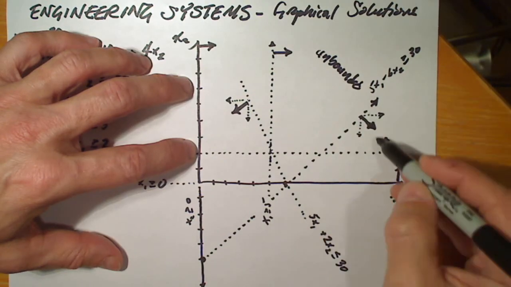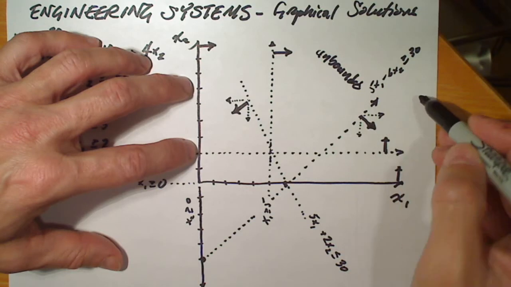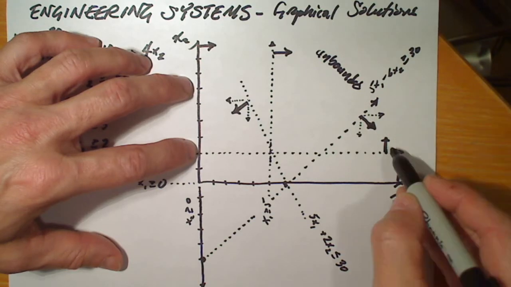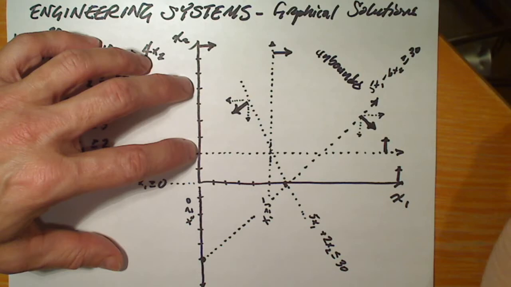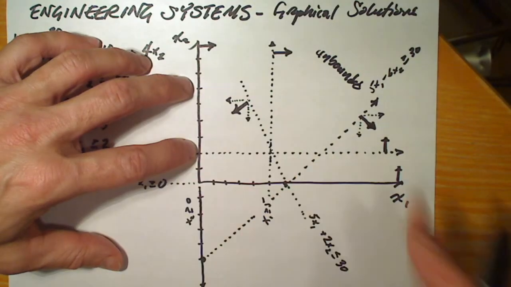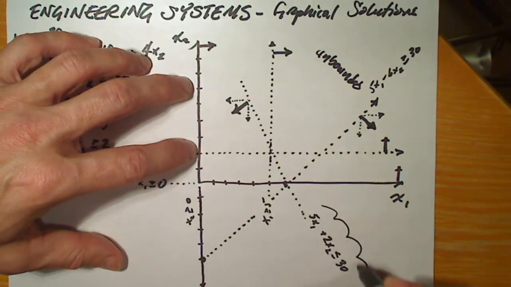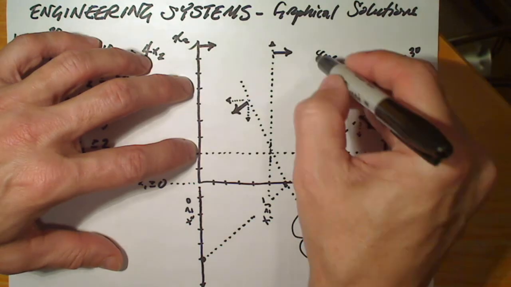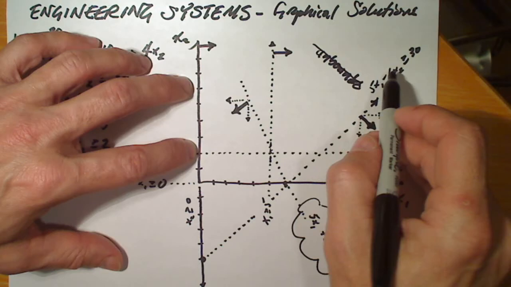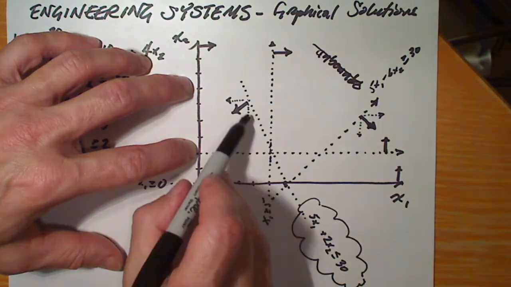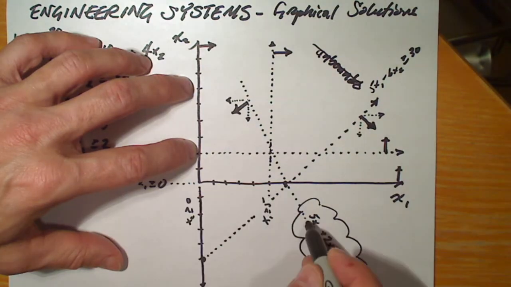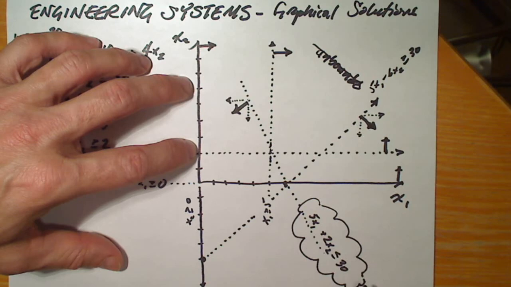That is, there's this open area in which really large values of x1 and x2 going all the way to infinity would satisfy all the constraints, except for this constraint. So it's not really unbounded. It has this quality of being unbounded until we consider this constraint.